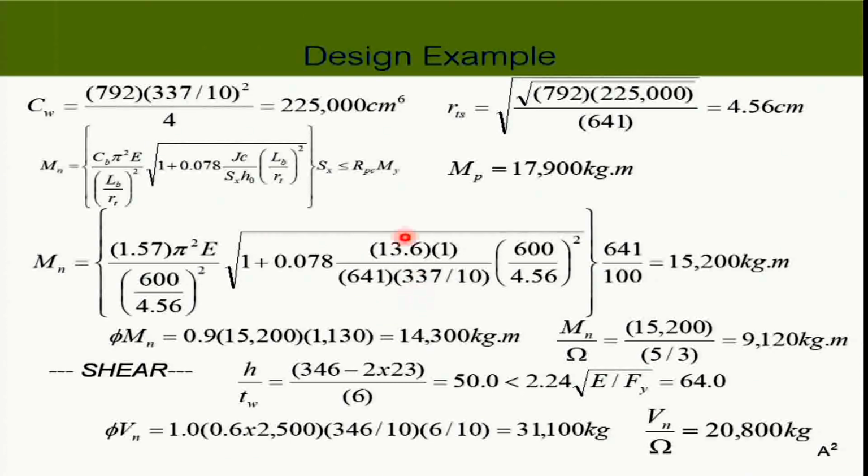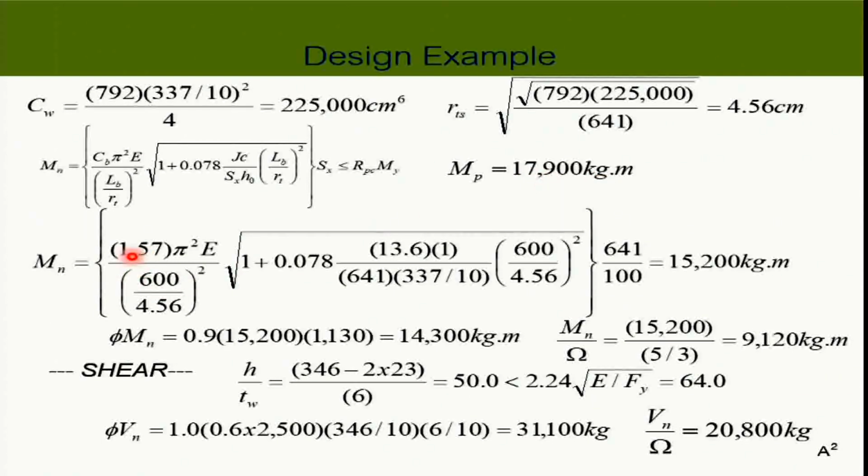Now for the H shape, the doubly symmetric C is equal to 1, and I use CB equal to 1.57. So I have the moment that much. Okay? And MP is 17,900 kilogram meter.